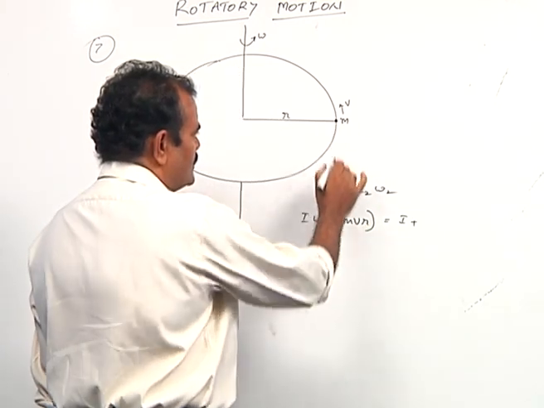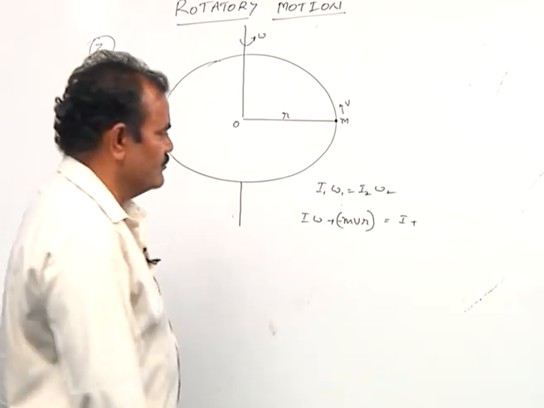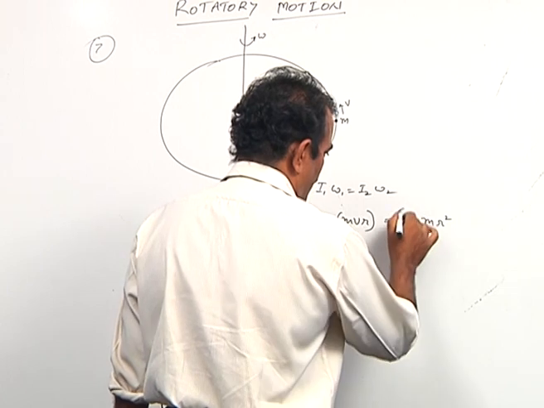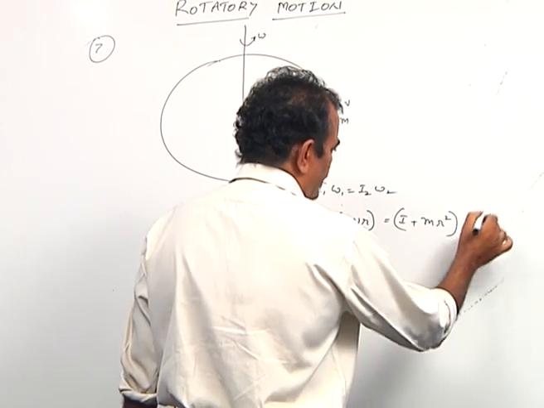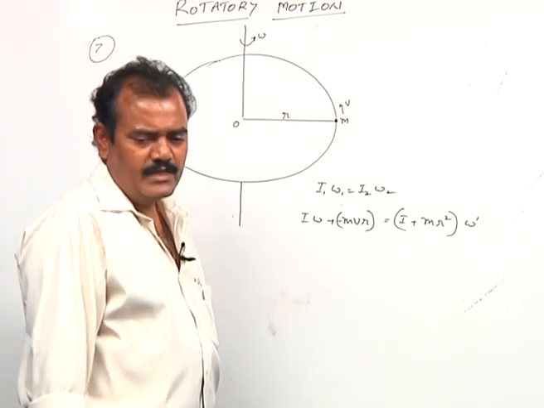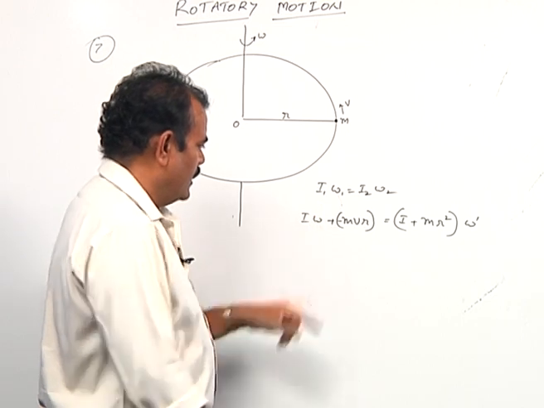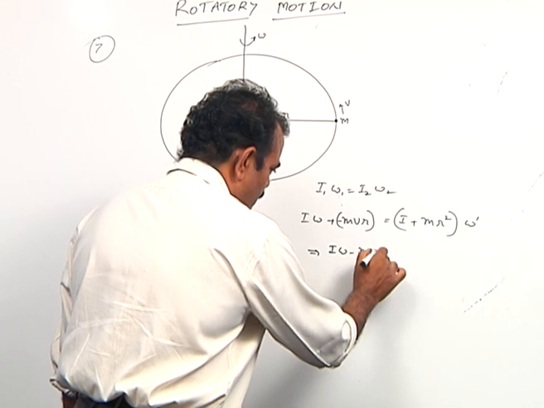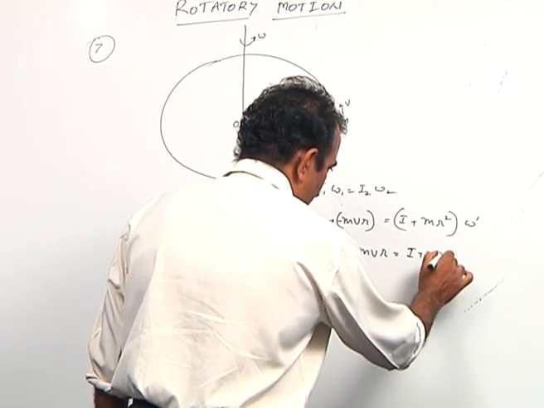For that cockroach, it is the general formula, mass into distance square, so mr square is to be taken, and both of them have the angular velocity omega dash. So in this case it is I omega, and thereafter mvr minus mvr, and thereafter it is I plus mr square times omega dash.